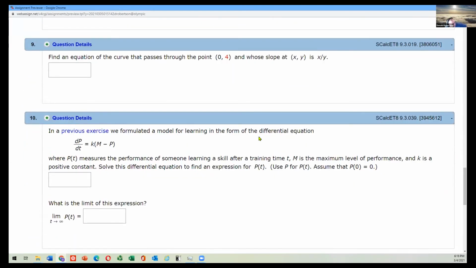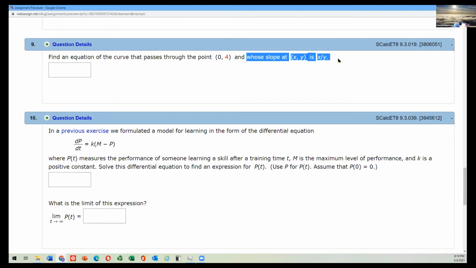Find the equation of a curve that passes through the point 0, 4 and whose slope at position x, y is x over y. That is actually a differential equation. It's not written the usual way, but it is. Now, right at the end is the key to the differential equation, whose slope at the given point is x over y.